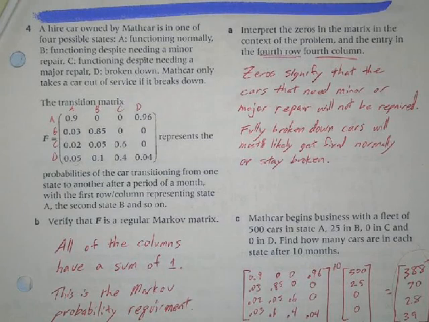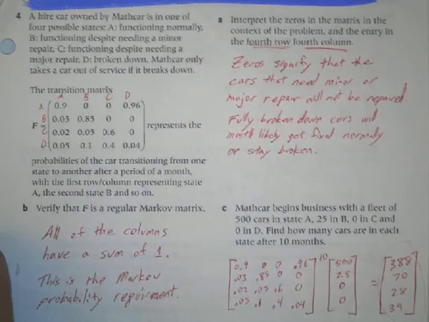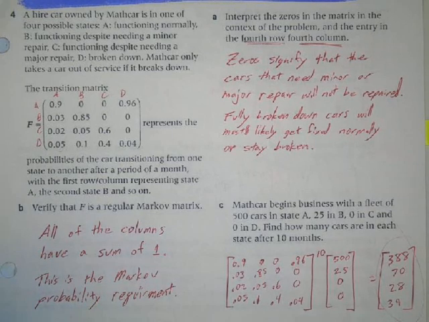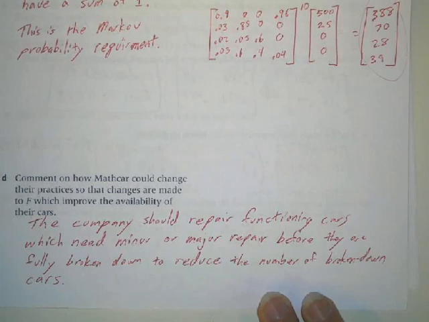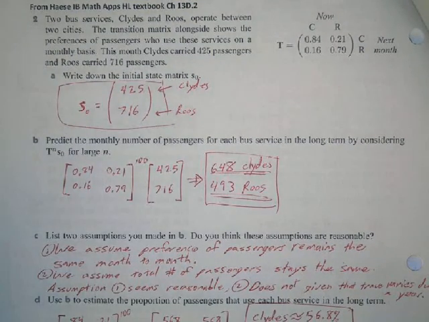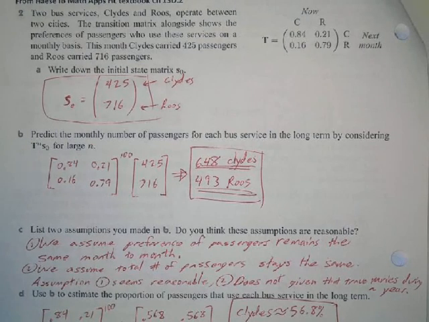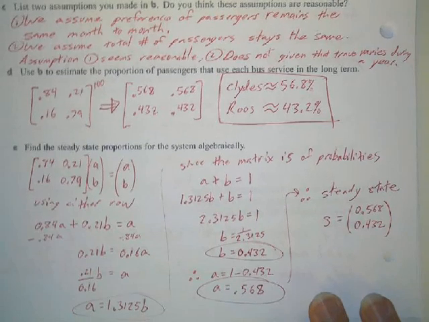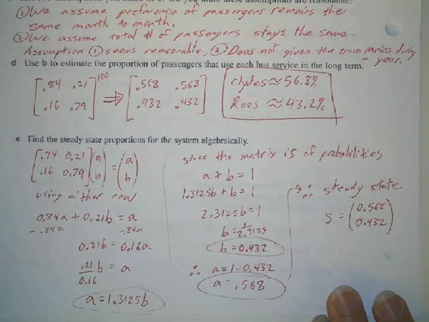Okay, you may want to hit pause and check your answers. Once again, you could hit pause and check your answers. You may want to hit pause and check your work. Okay. Here I solved it algebraically.